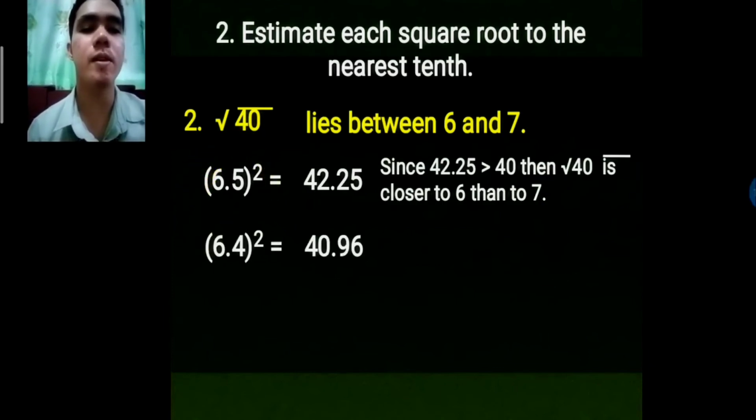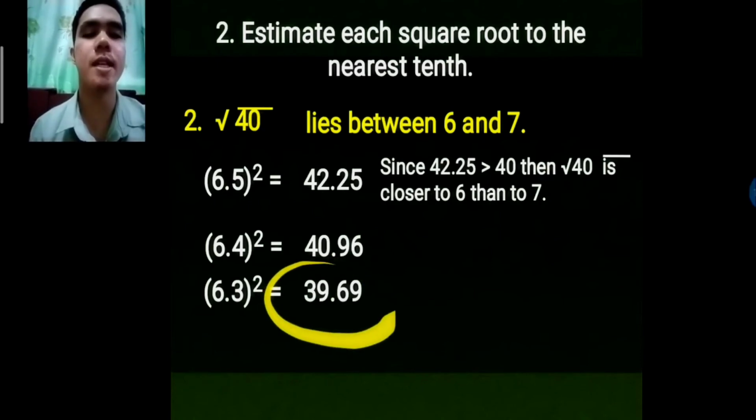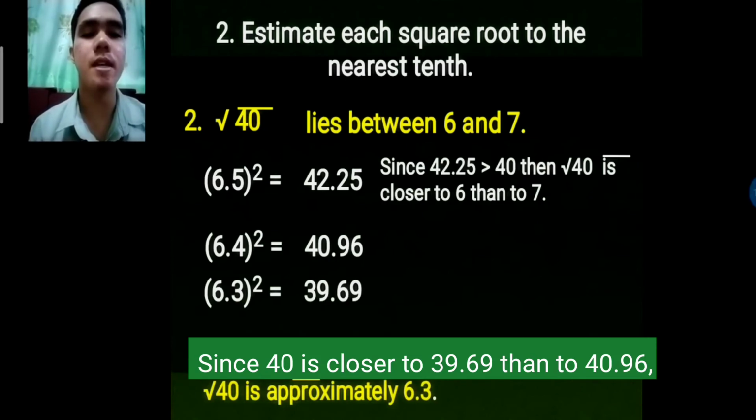Okay? So 6.4 squared is 40.96. Okay, we just try another one. 6.3 squared is 39.69. As you can see, that is less than 40. Therefore, since 40 is closer to 39.69 than to 40.96, we can say that square root of 40 is approximately 6.3.